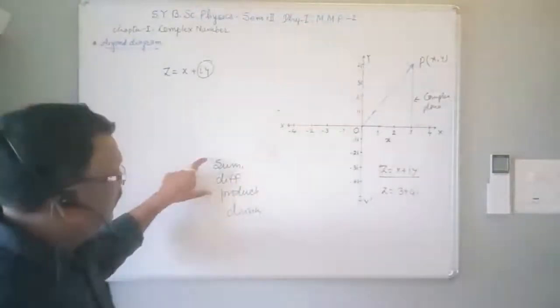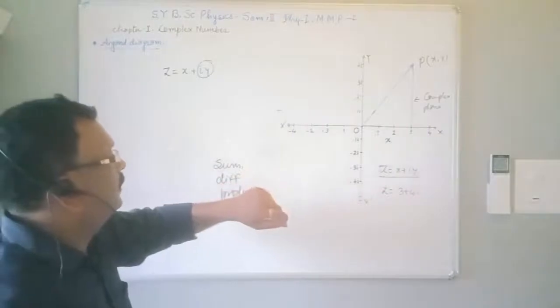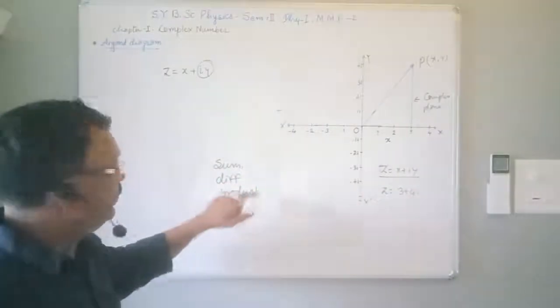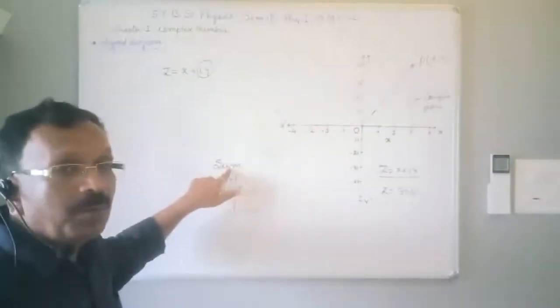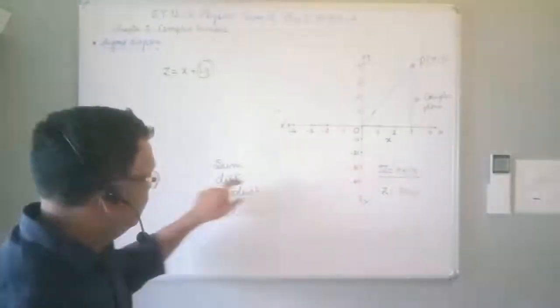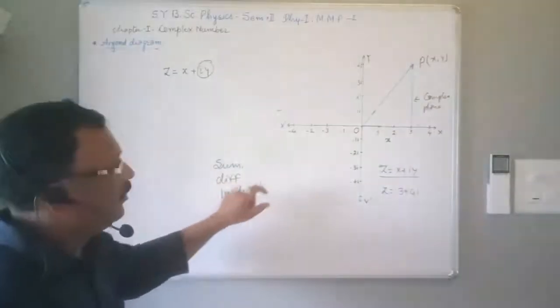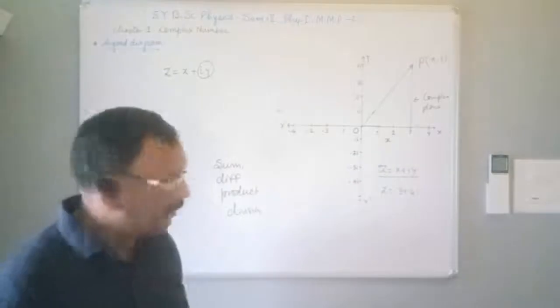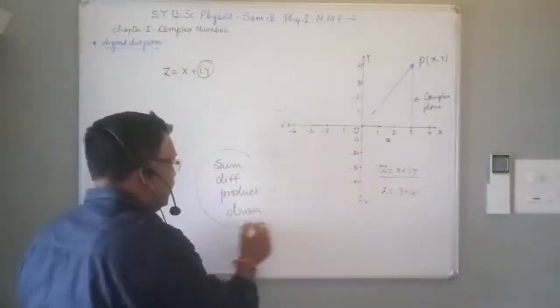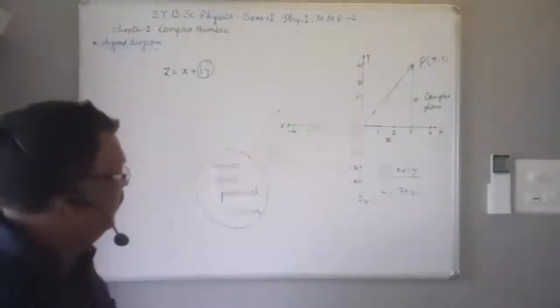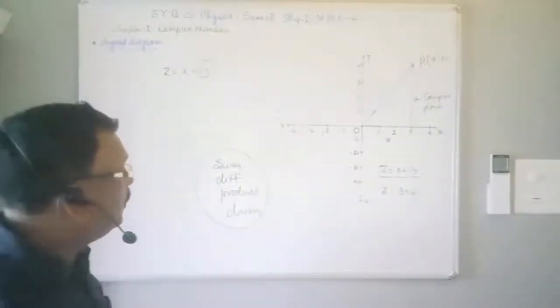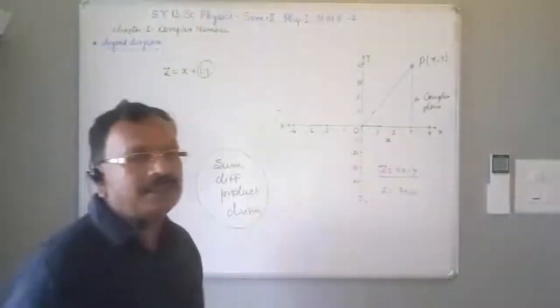Now, it is possible to study the sum, difference, product and division of two complex numbers by using Argand diagram. But before studying this, we should know the different forms of complex number.